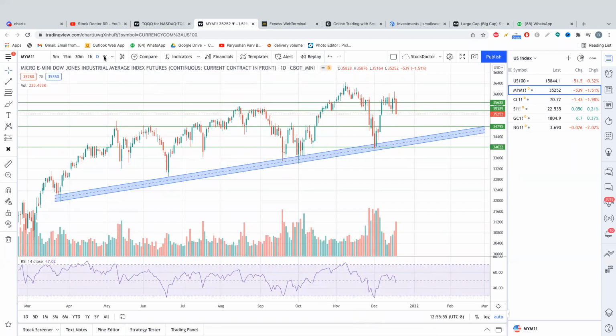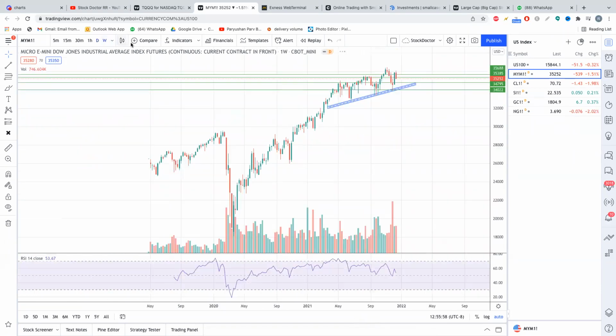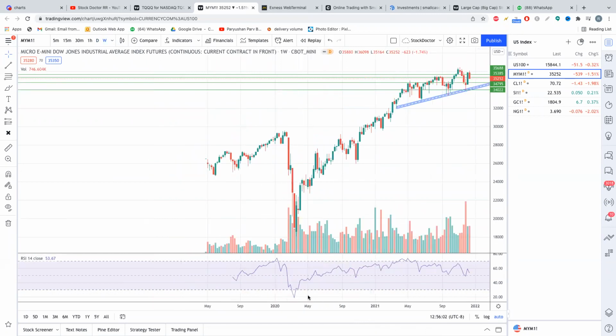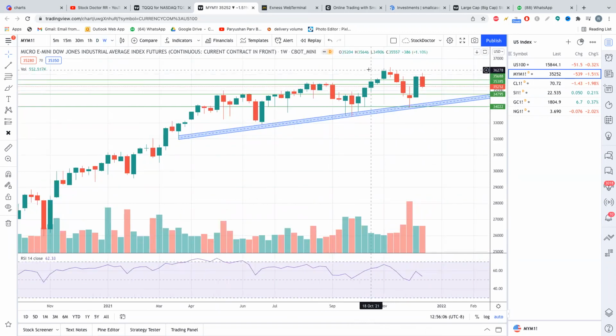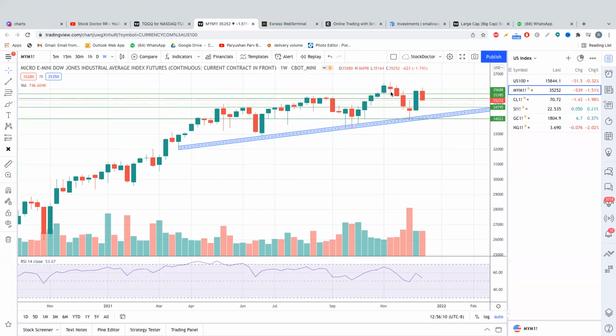Let's talk about what it is showing on the weekly time frame. On the weekly time frame, you can see here, it has created a kind of evening star pattern, right? First is green, second is kind of a doji, and third is a red, right?